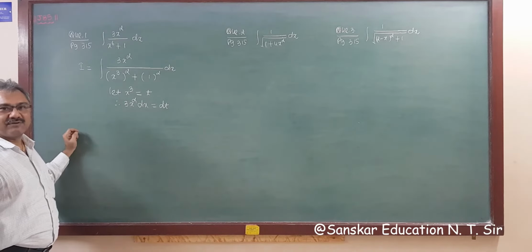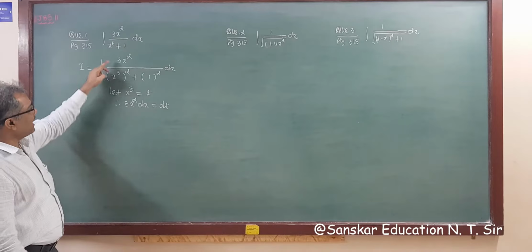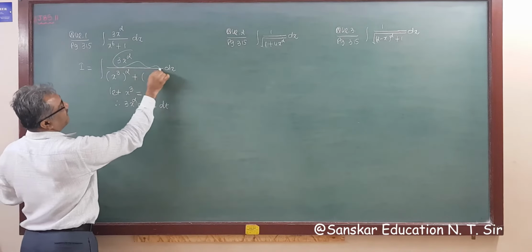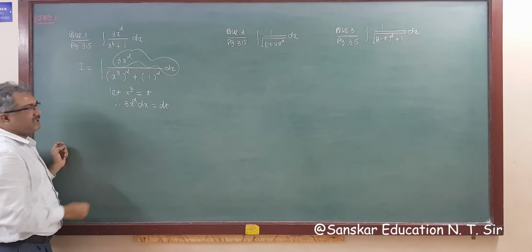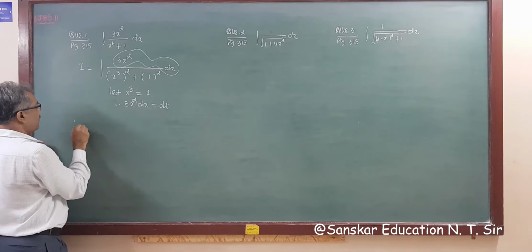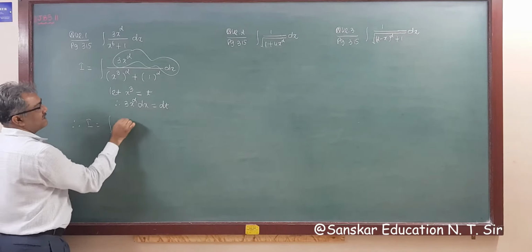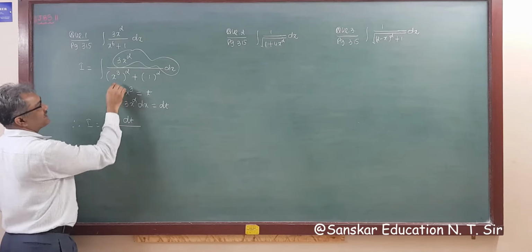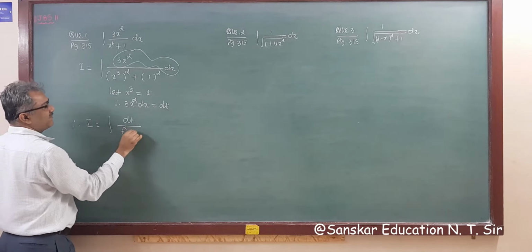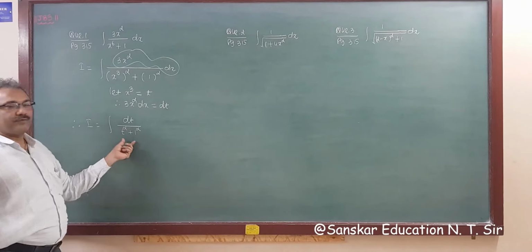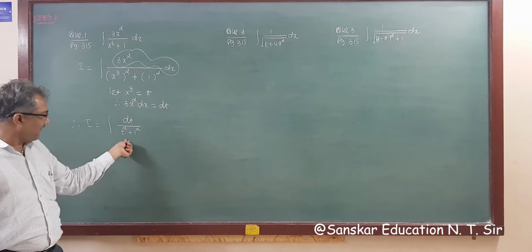So now this 3x square dx is your dt. So what is your I now?